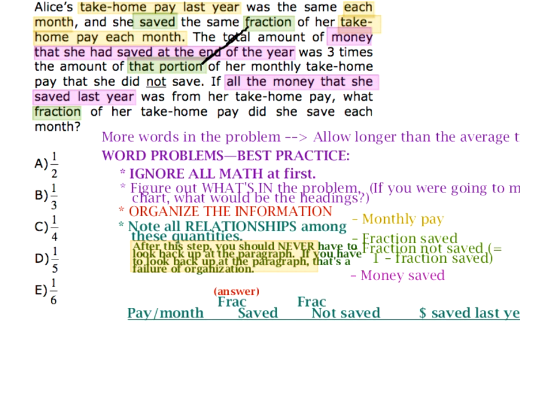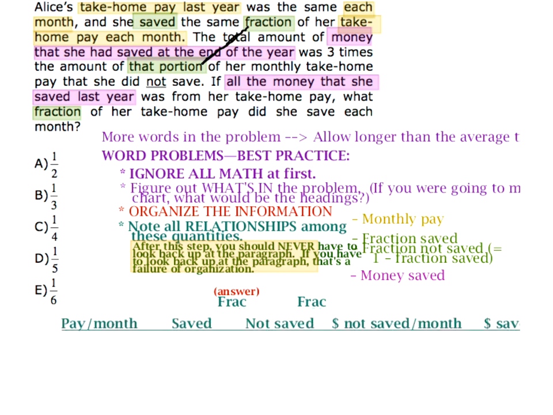Then the total amount of money she saved is 3 times, so I'm going to add a column for not saved per month. Just because that is in there. I mean, that's this quantity right here.